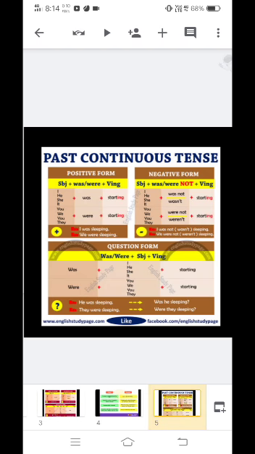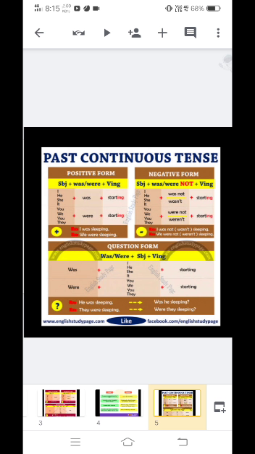Next we have our past continuous tense. If we see its form in positive, this is formed by was or were plus verb first form with subject: subject plus was or were plus verb first form plus ing.